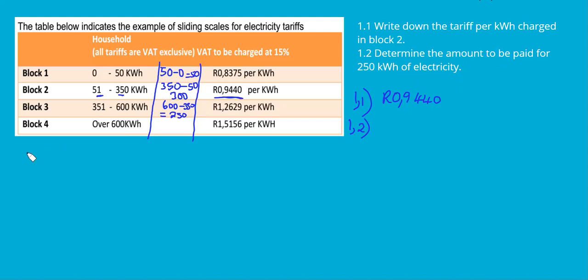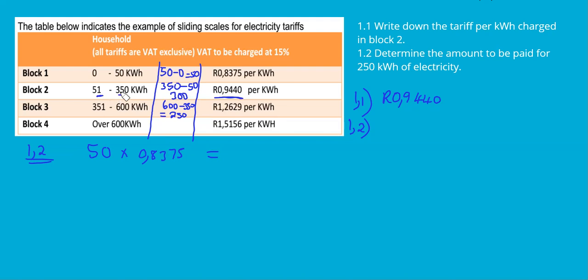Now here, let me just put it here, guys. So for you to get to the 250, you're going to say in the first category, we have got 50 times 0.8375. What about in the second category? We have got 250 here, and you can see that this lies in the second category.